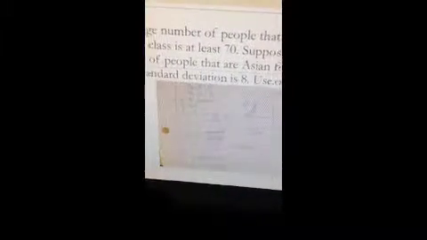Let's take a look at our work. Our first claim is that mu is greater than or equal to 70.